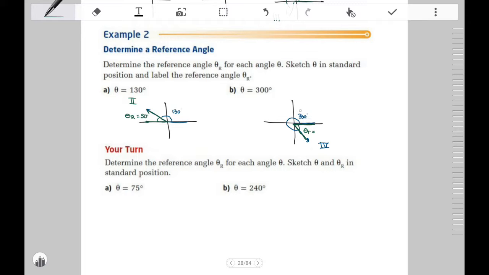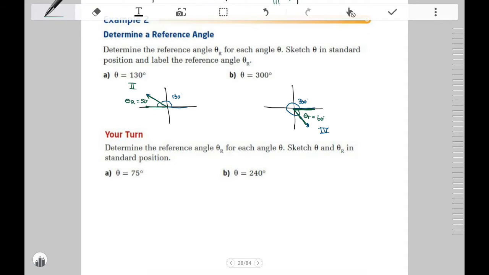And this is 300 degrees. It's 60 degrees less than a full rotation. So we have 60 degrees and 300 degrees making a full rotation, 360. Our reference angle is 60 degrees, the piece that would have to be added to 300 here to make 360.